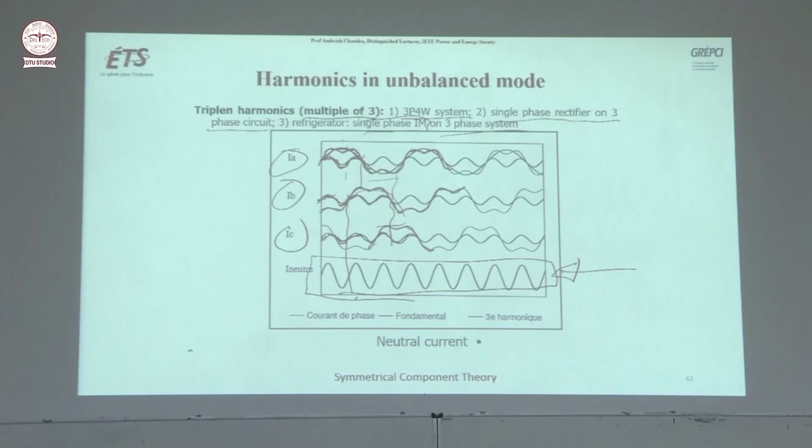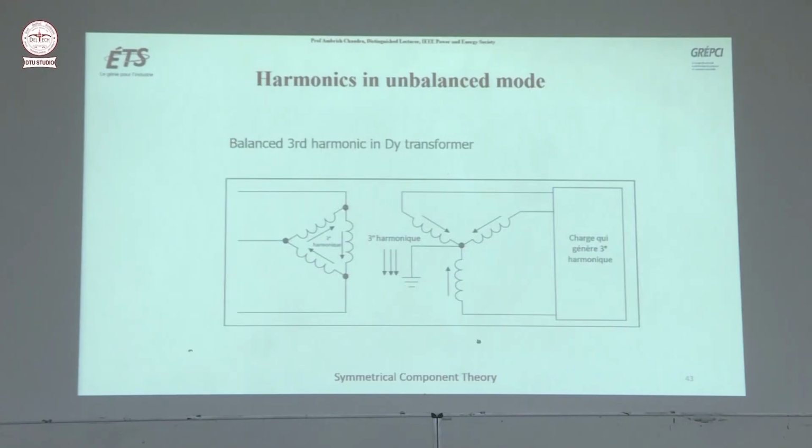So the engineer in a plant should be very careful what kind of load you are having, what kinds of harmonics are being generated. Zero sequence harmonics may flow in the neutral wire, and sometimes they overload the neutral wire and heat it up, and in very worst cases they may even burn the neutral. So this is very important about the triplen harmonic.